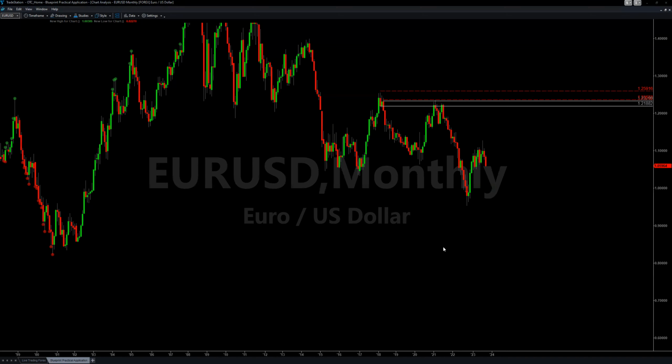Let's start with departure. That's one of our first zone qualifiers. It's part of the zone structure, and the departure depends on the higher time frame and also on the lower time frame.